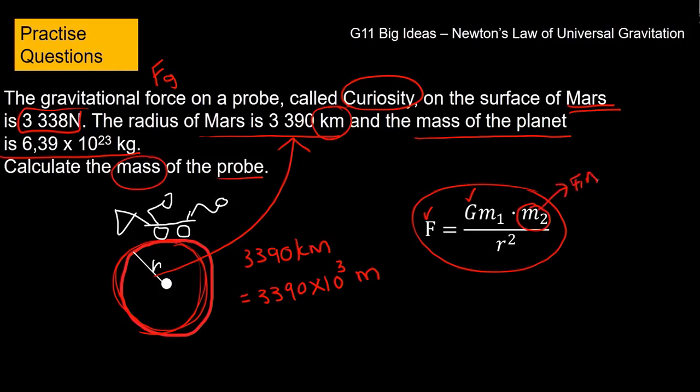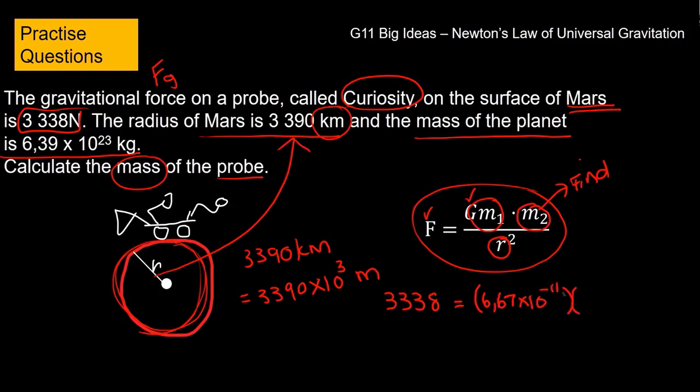The mass of Mars is given to me, and the radius they have also given to me. So this is a really lovely substitution question. So let's do it. Our gravitational force is going to be 3,338 newtons. We're going to get G from the data sheet, so 6.67 times 10 to the minus 11.